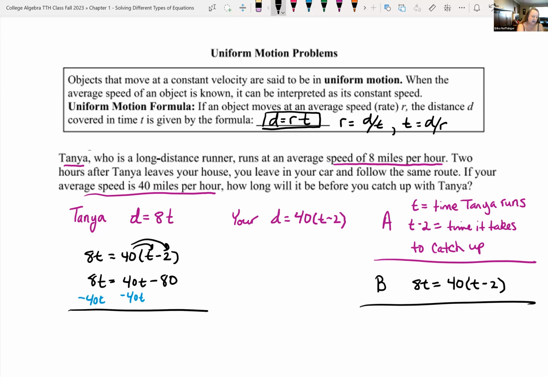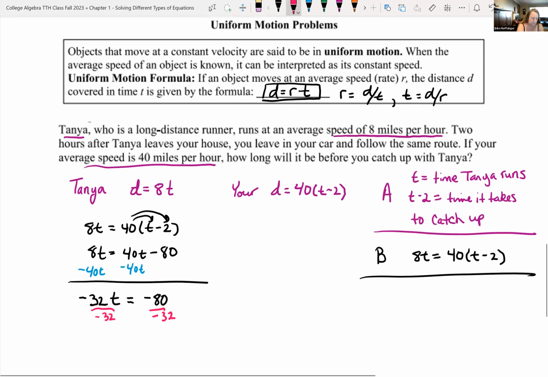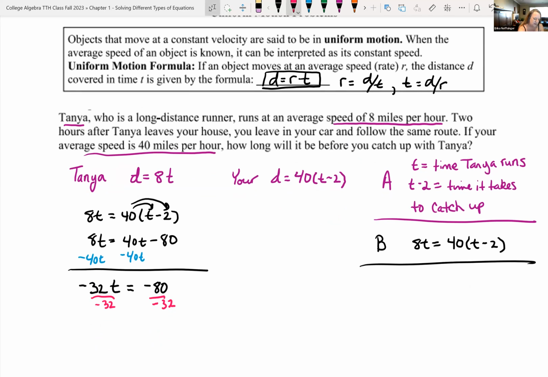So doing so, we have negative 40t plus 8t, which is negative 32t, is equal to negative 80. So let's divide both sides by negative 32. And so doing so, we get that t is equal to 2.5.